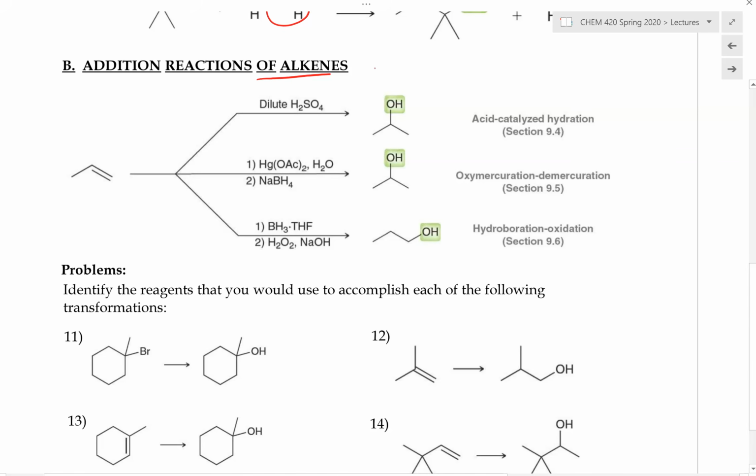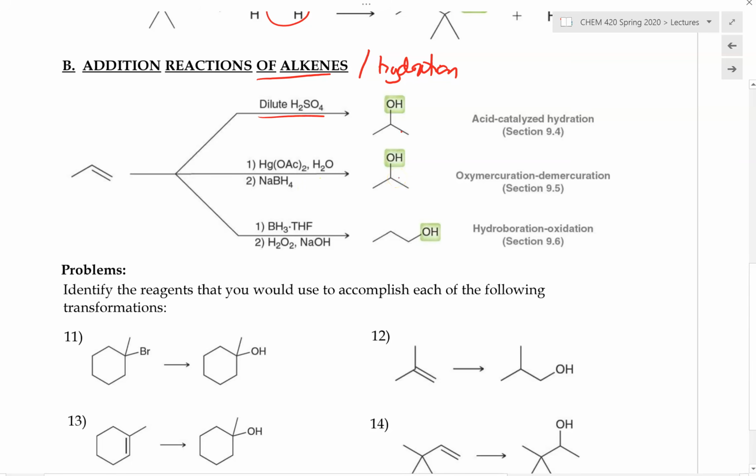If we have an alkene, by doing the hydration reaction, this is basically known as the hydration of the alkene. We can do an acid-catalyzed hydration to make our alcohol. We can also do the oxymercuration-demercuration method to make our alcohol.